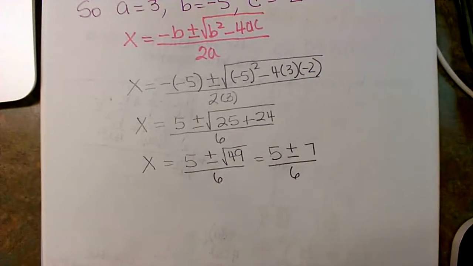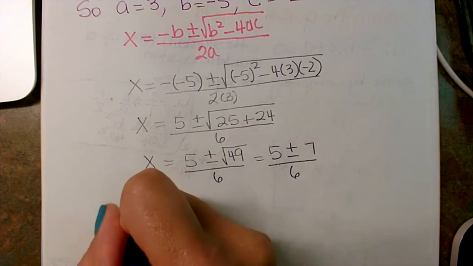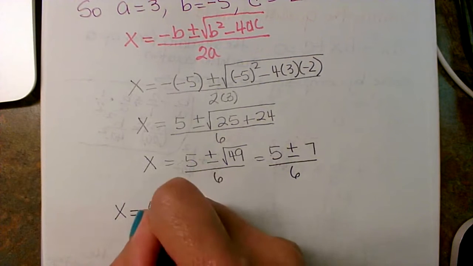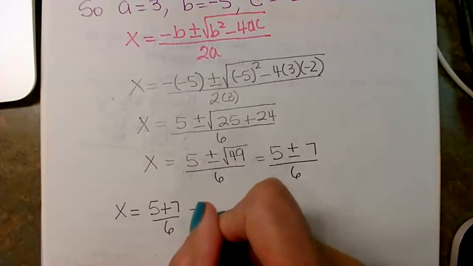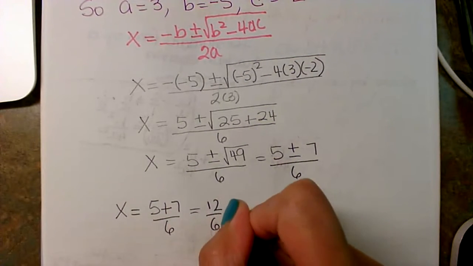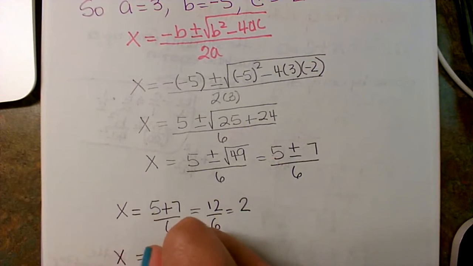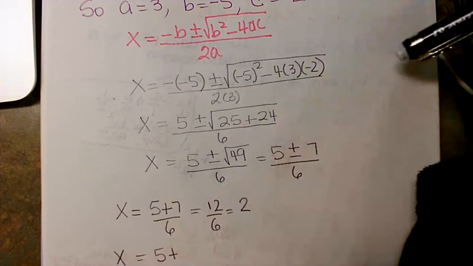So right here, we're going to have two answers. Don't forget that. One is going to be, x is going to be equal to what? 5 plus 7 divided over 6. That will be 12 over 6, that's 2. And the other one is going to be 5 minus 7.